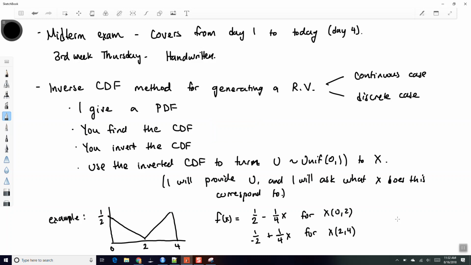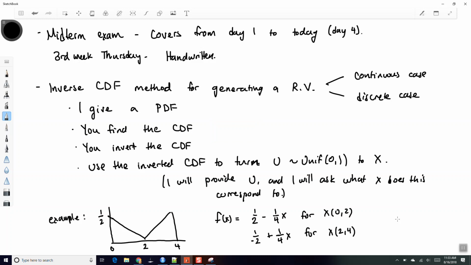All right, and then I might give you a discrete case. I'm not going to give you an example there. The discrete case, I'll just say, it's defined by this function, or maybe it'll be a table of discrete probabilities. And then you find the CDF.